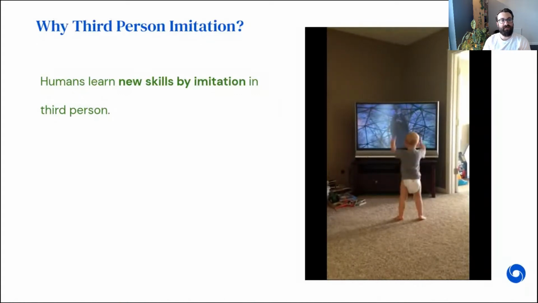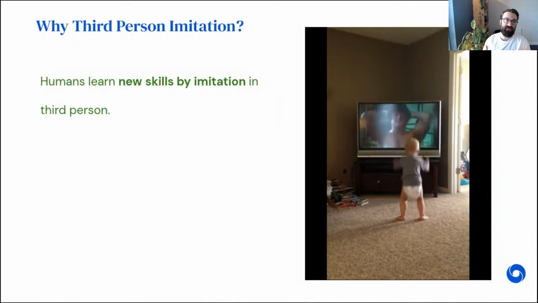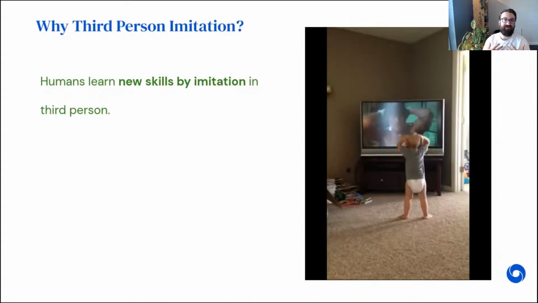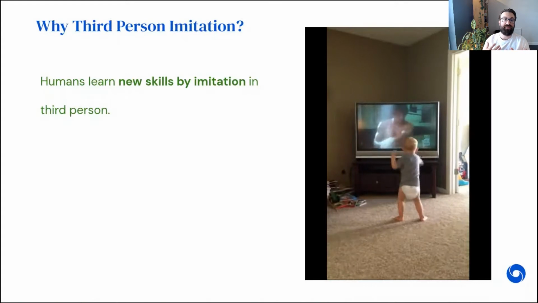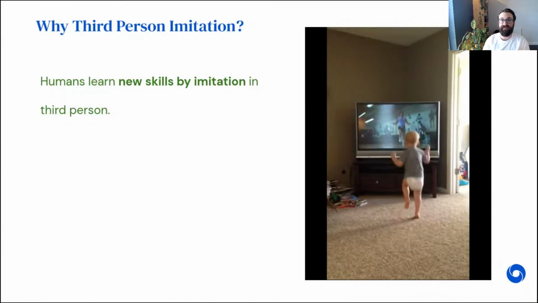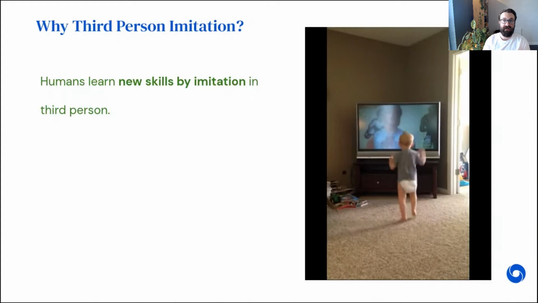And we as humans are able to observe behavior by others, process that visual information, and map it to our own embodiment in order to perform similar actions that arrive at the same results as what we are observing.